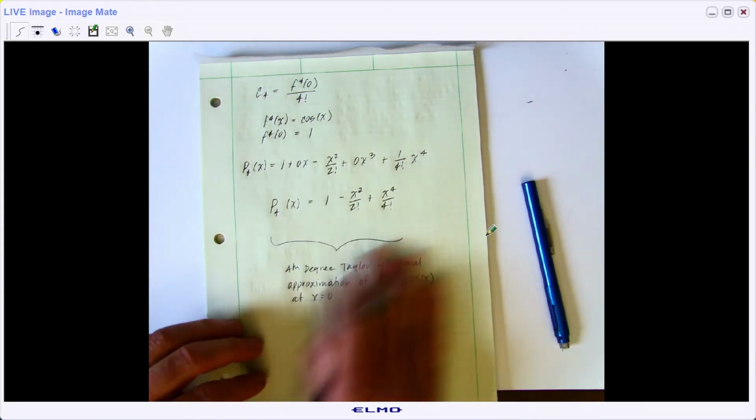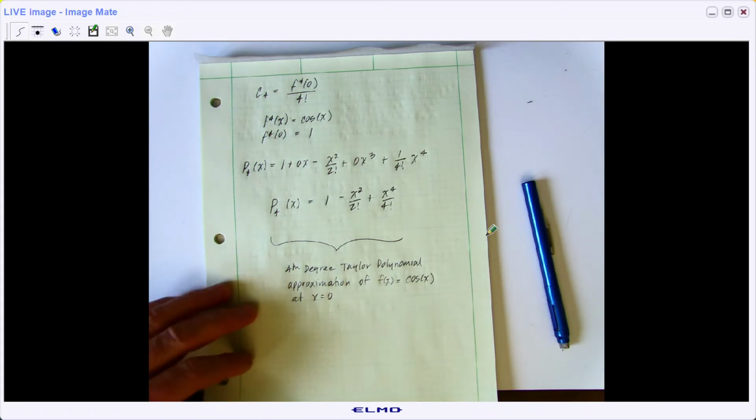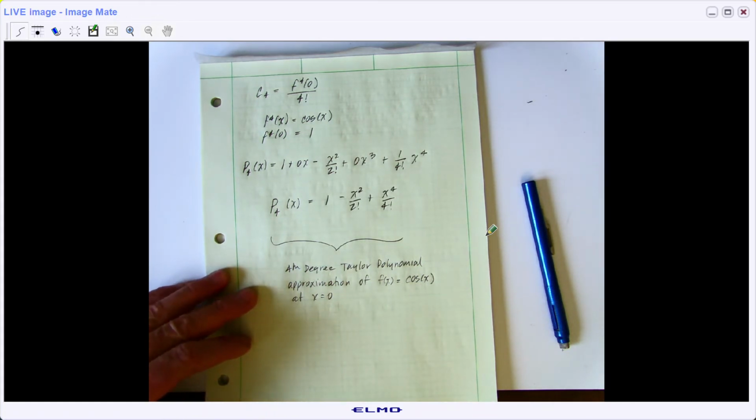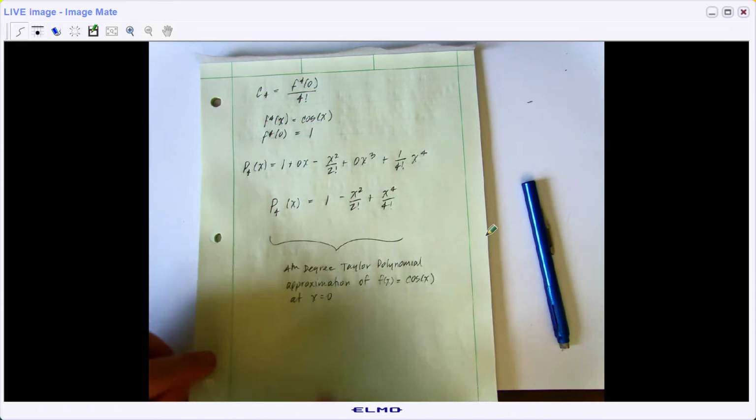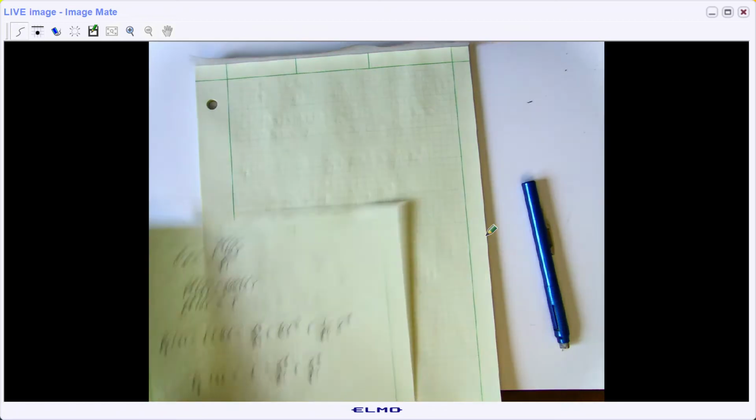So if this is what cosine looks like, we should expect something somewhat similar to this for sine, right? I mean, these functions are related to one another. They're just phase shifted, right? So let's see if we can figure that out. We'll go after that next.